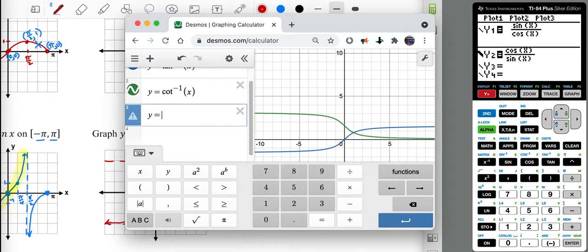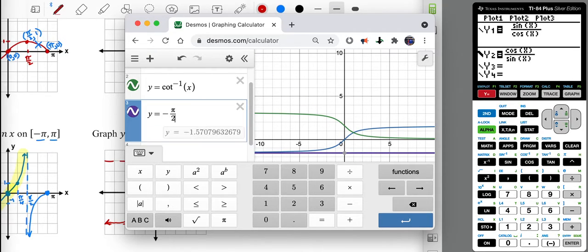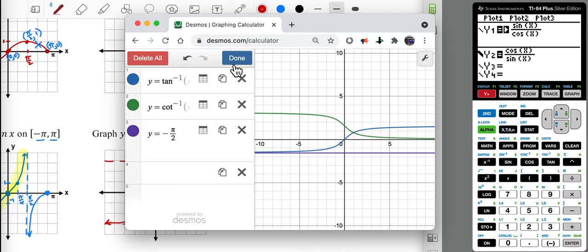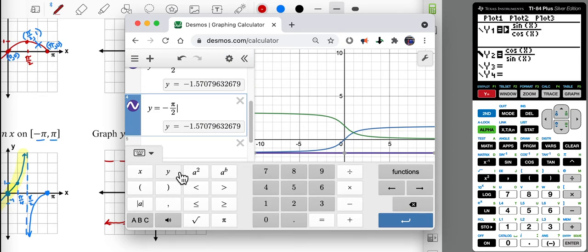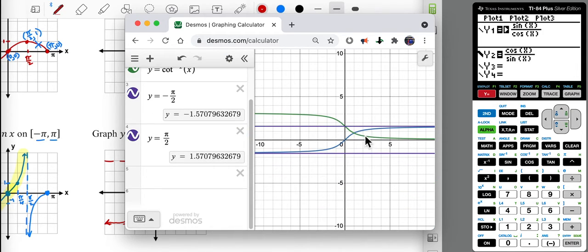So y equals negative pi over 2 and positive pi over 2. Duplicate, hit that little double page icon. Change the minus to a plus. And so you can see that it captures the tangent function.